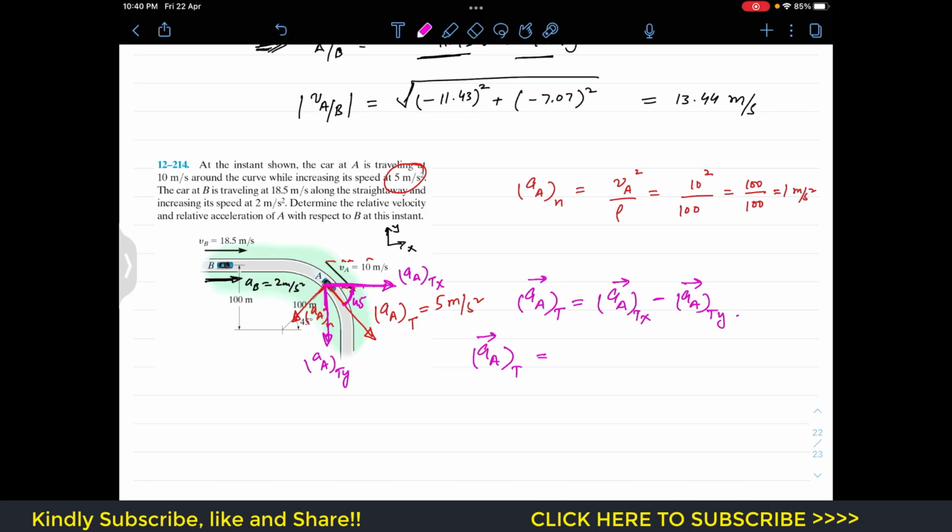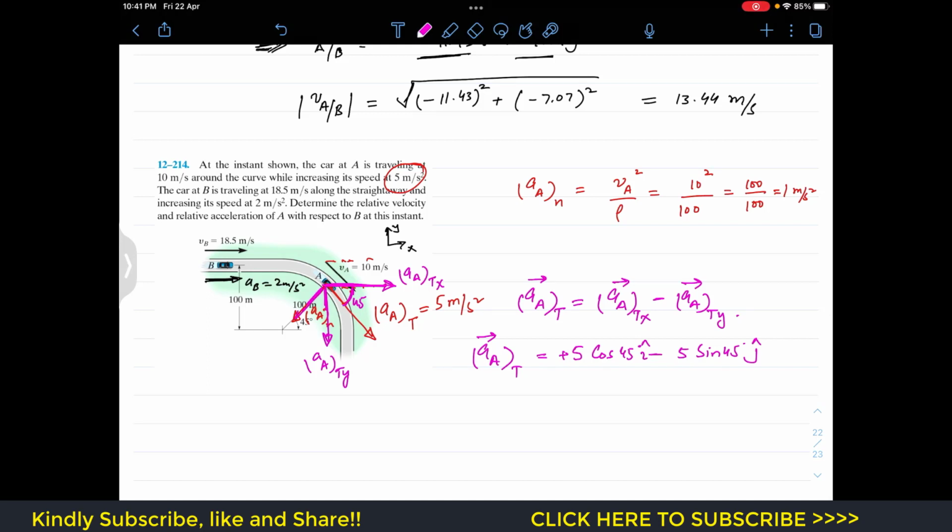The AA tangential x is the cos component, so we can write 5 cos of 45, and similarly the other one is minus 5 sine of 45 degrees. This is in the positive i and this is in the negative j. So this is the Cartesian vector representation of that tangential acceleration of that car A.